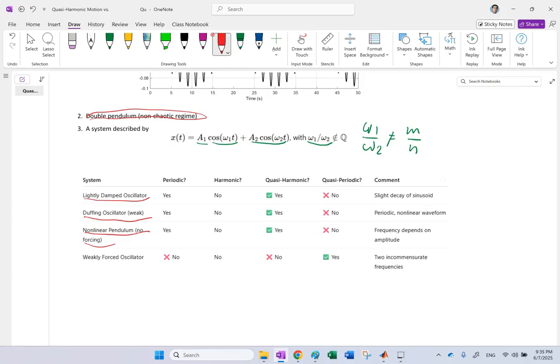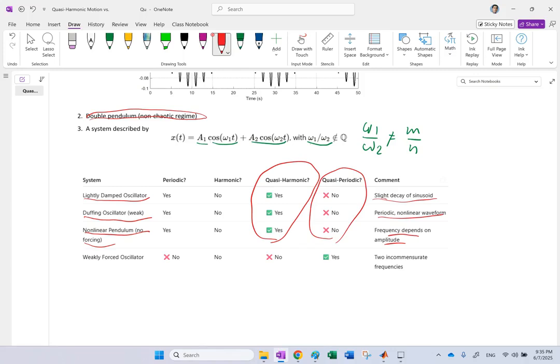It does repeat, but it's not a simple harmonic motion, because either the amplitude is changing versus time, or the amplitude affects the frequency or something. So yes, all of them are quasi-harmonic, but they are not quasi-periodic.